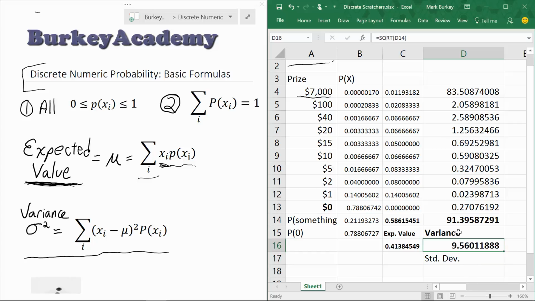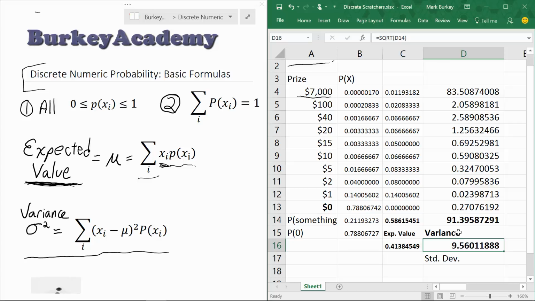And so you could roughly, and again this is very roughly in this case, say, well, what do we expect to see when we scratch off this ticket? Well, most of the time we expect to win about 58.6 cents for a dollar investment, plus or minus $9.56.